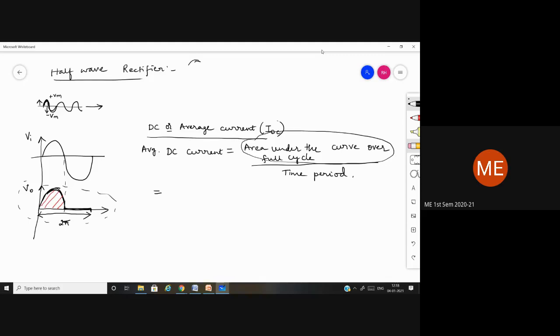So for this particular thing, area under the curve over the full cycle, the first step is the integral from 0 to 2 pi of Im sin theta d theta, divided by the time period 2 pi. 0 to 2 pi is the length for the full cycle, so I will split it up: the integral from 0 to pi of Im sin theta d theta plus the integral from pi to 2 pi of Im sin theta d theta, whole divided by 2 pi.